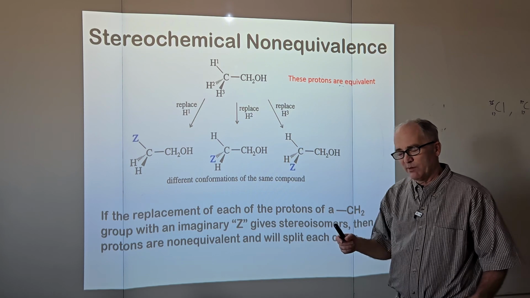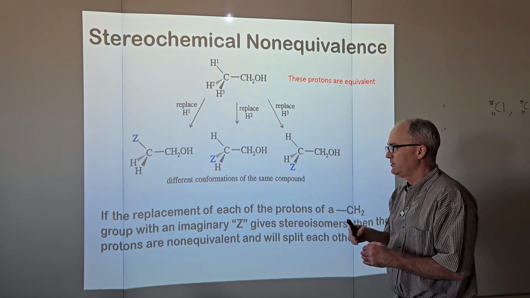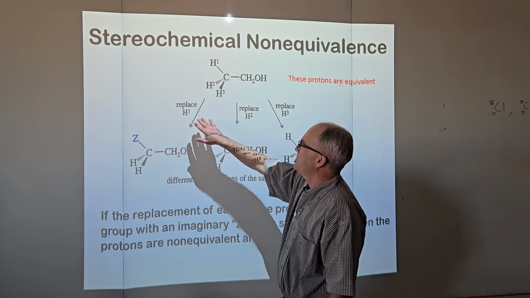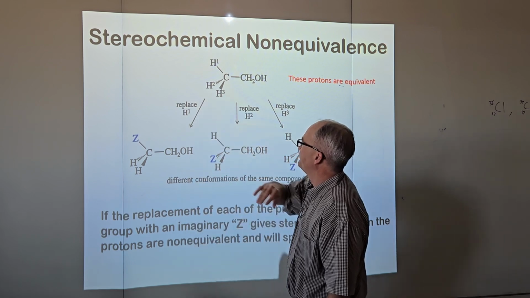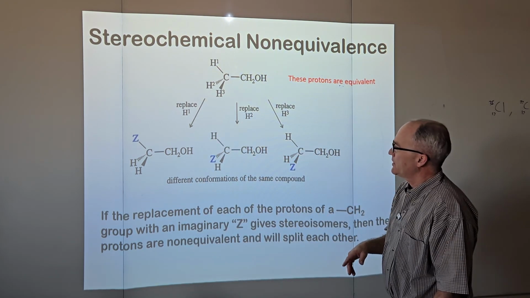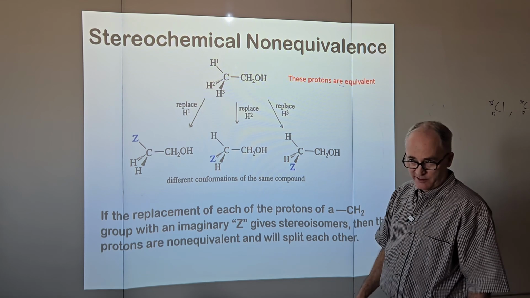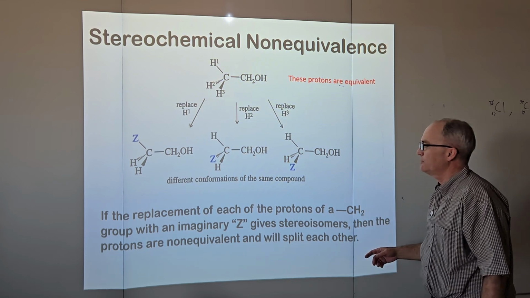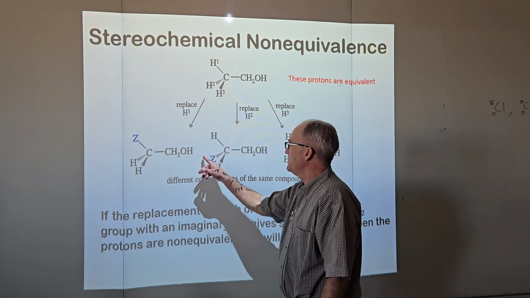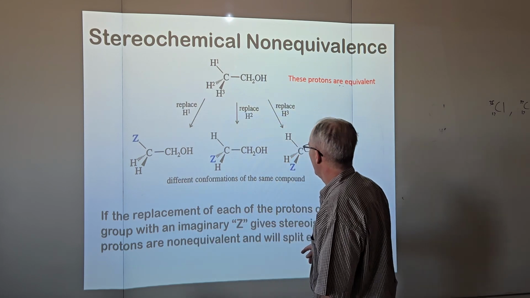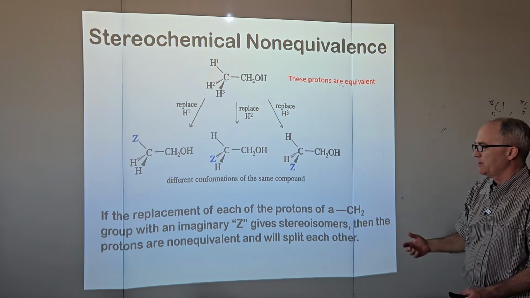Maybe this is one place where our textbook falls a little short. It says, let's imagine replacing one of those hydrogens with an imaginary element called Z. I don't think there's one up there with Z. And we see that if this rotates around, it's the same compound.